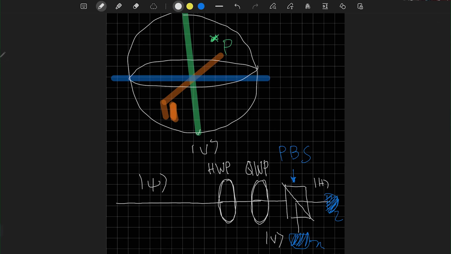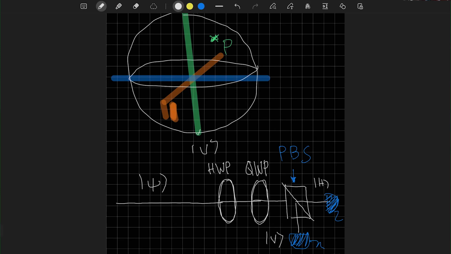Now what the half wave plate does is that it's a rotator. It rotates the polarization state. So when you want to measure in the DA basis, you just rotate the polarization of the photon so that it coincides with the HV basis.